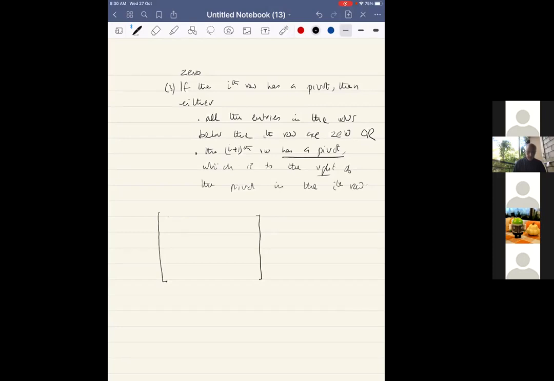So there is a 1 here, then in the next row a 1 here, then in the next row a 1 here, and this is the last row with a pivot.